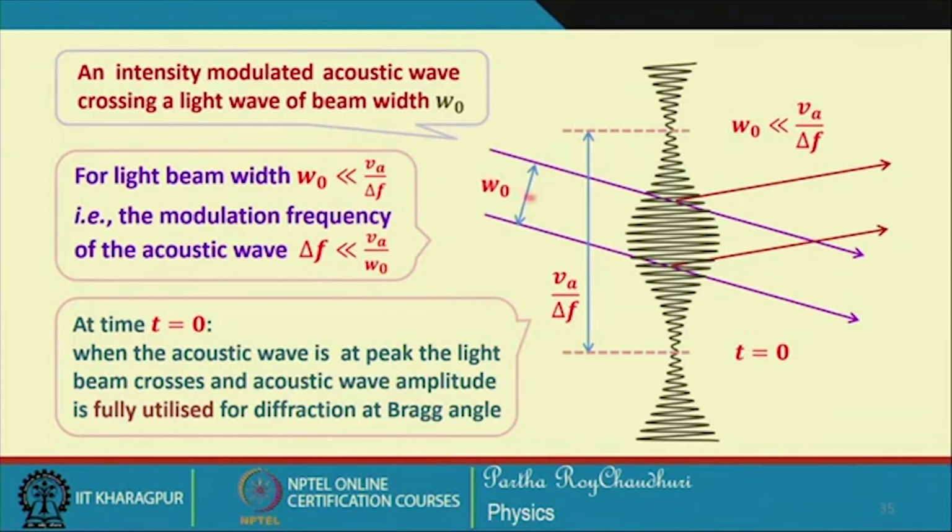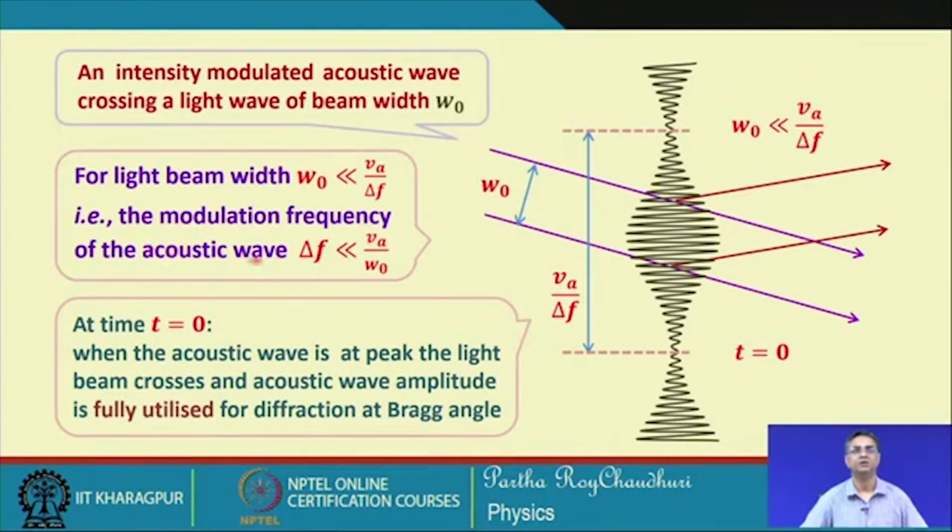So, this optical width must be less than this value, that is, the modulation frequency of the acoustic wave delta f must be less than V_A by W0, which is a consequence of this relation.